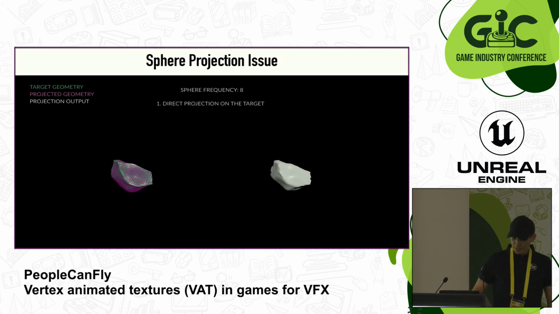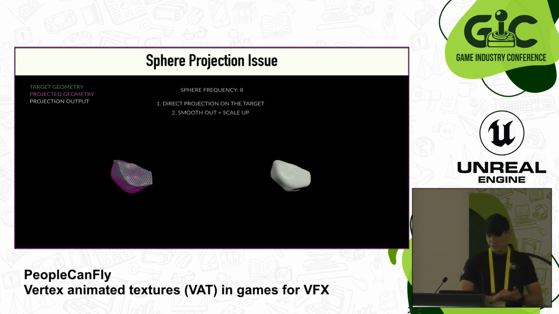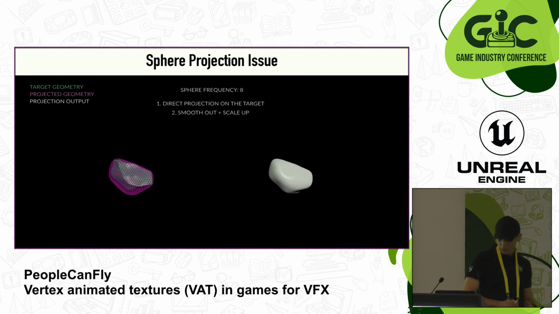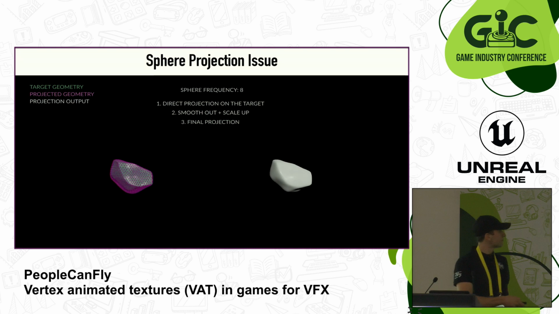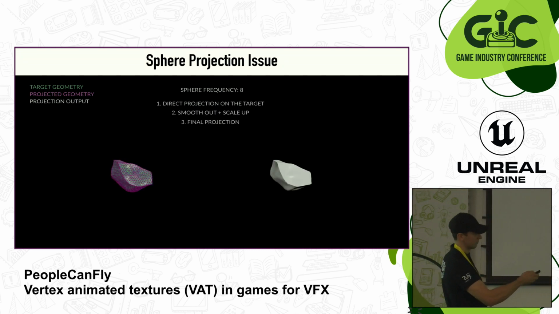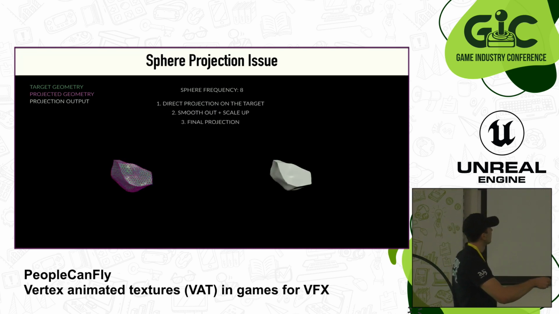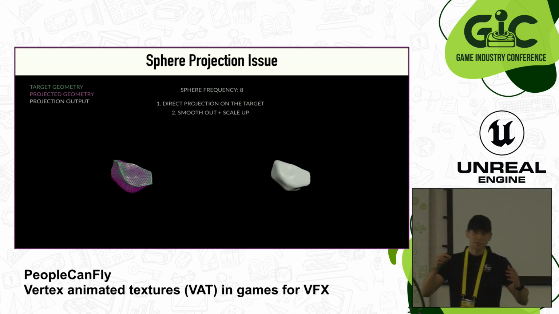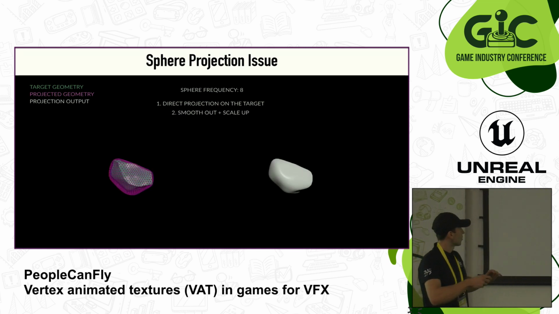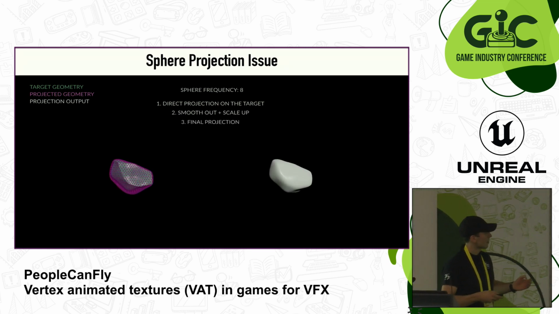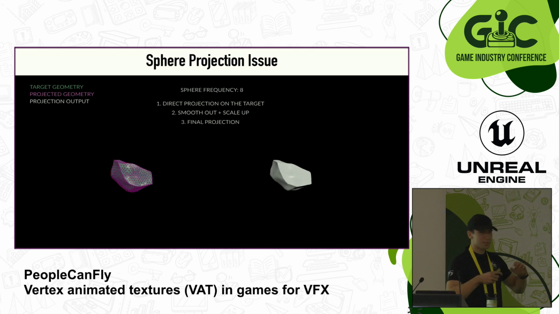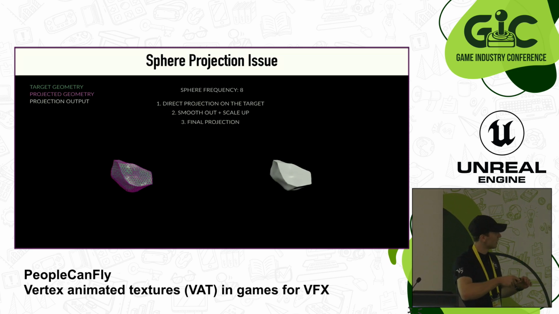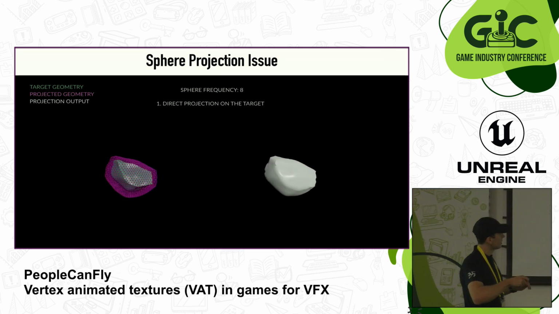And here you can see that the direct projection doesn't produce a perfect result. You can basically see that the direct projection from a sphere works this way: we calculate the minimum distance to the target geometry, and you can see the video will play in a while.